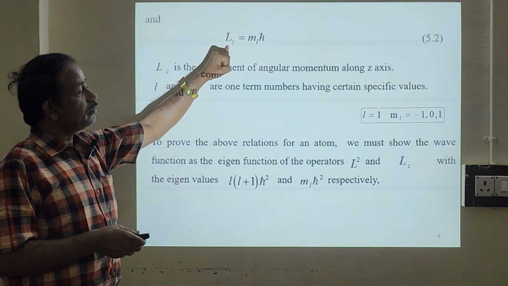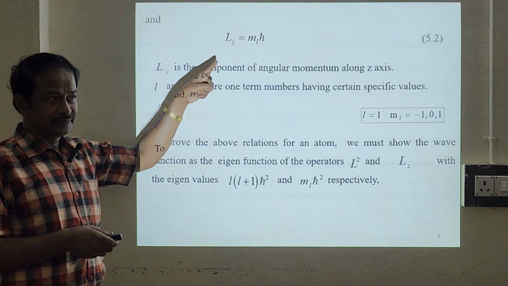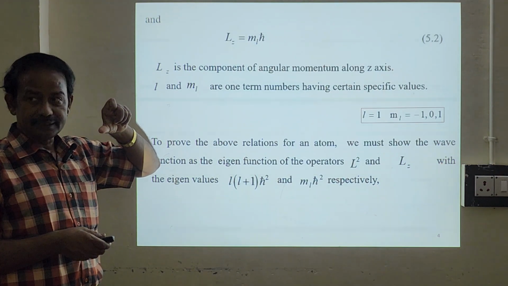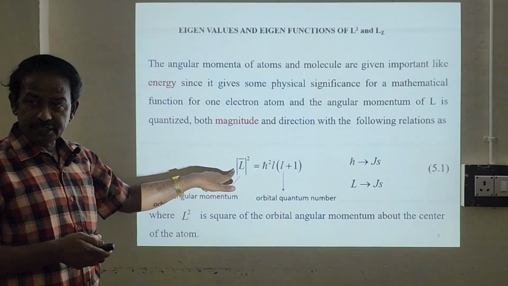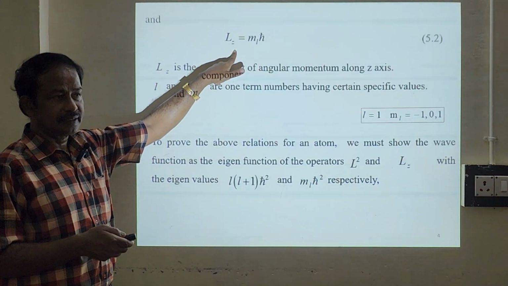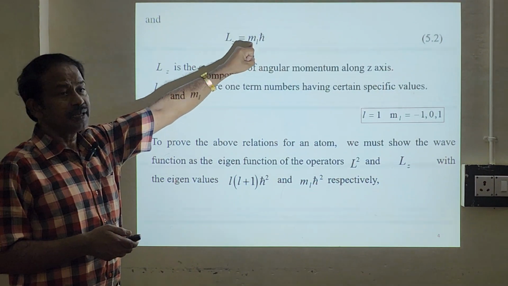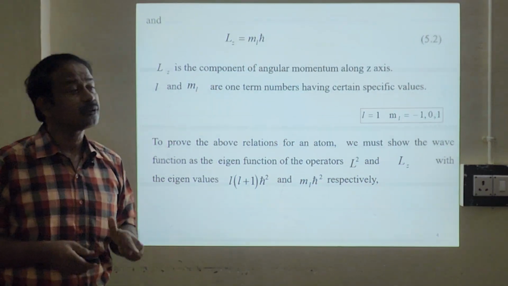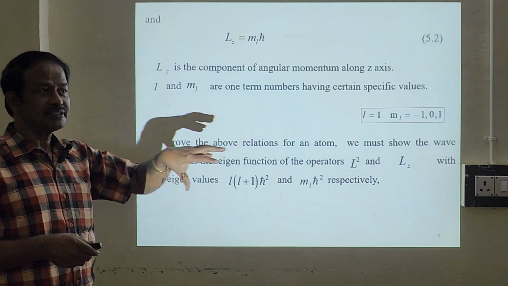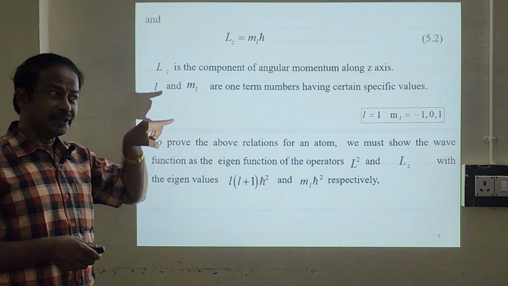And another one, the component Lz will be ml h cross. Again, it is quantized. So we are going to get the expressions for the eigenvalues of L squared and Lz. Lz is nothing but your ml h bar. Okay, ml stands for the magnetic quantum number, which depends on the values of l, and the values of l will depend on n.